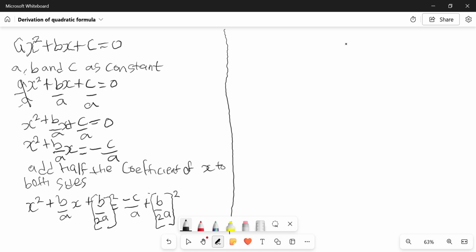So this becomes x plus b all over 2a, squared.